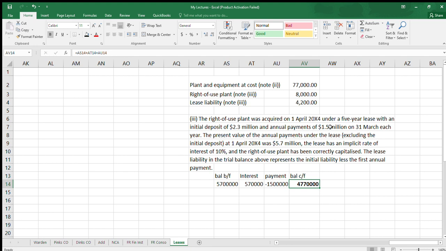So your interest charge in the profit and loss is this. So that's year 1. For year 2, this figure, your interest, this multiplying 10%, negative 1,500,000.